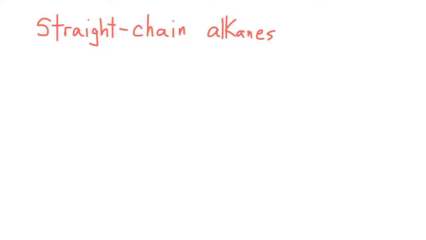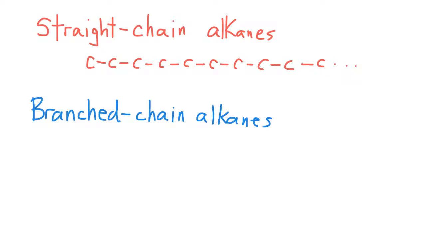So the naming that I just went through works really well when you're dealing with straight chain alkanes. What I mean by that is if you have a molecule where all the carbon atoms are connected in sequence in a single line, something like that. The naming gets a little trickier when we talk about branched chain alkanes.